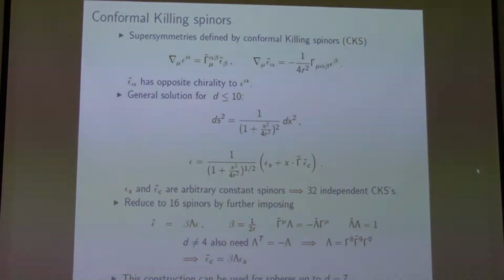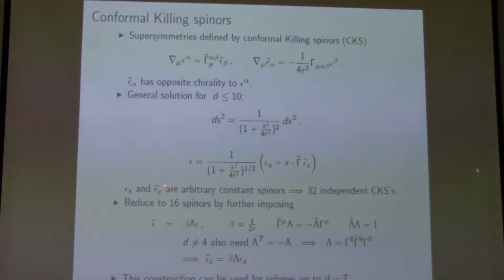So the general solution to these equations on the sphere, for any dimension d less than or equal to 10, here's the metric again, is that epsilon is equal to 1 over this factor to the 1/2 power, times a constant spinor epsilon s plus x dot a gamma matrix, times another constant spinor of the other chirality, epsilon tilde.